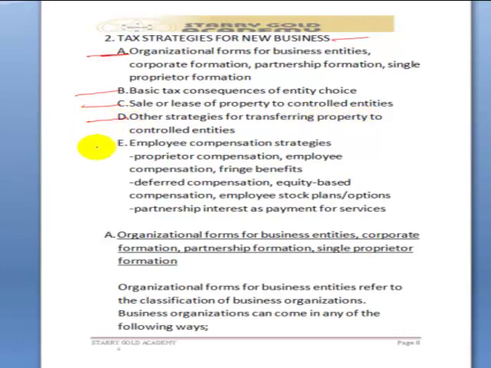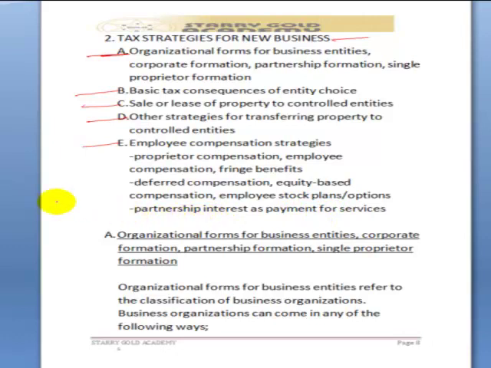While the fifth item says employee compensation strategies, where we are expected to discuss proprietor compensation, employee compensation, fringe benefits, deferred compensation, equity-based compensation, employee stock plans and options, partnership interest as payment for services.